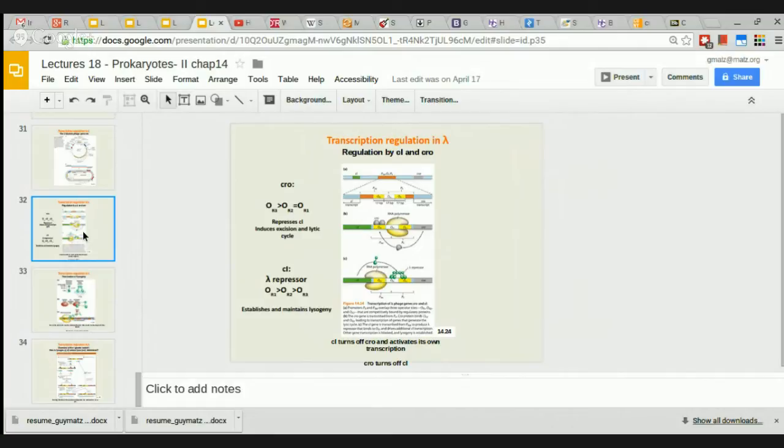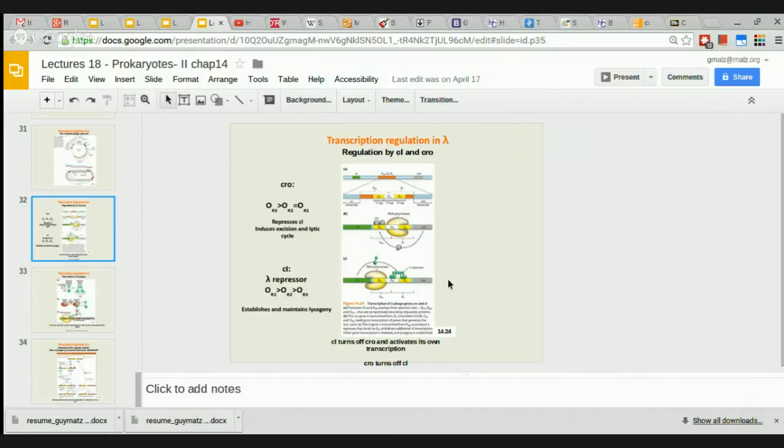But as a lot of cI is made, you should know that cI is able to activate its own transcription because at OR2 it acts as a positive factor for transcription of its own gene. That increases the amount of cI, and when the levels are high, cI binds to OR3 and then represses its own transcription.